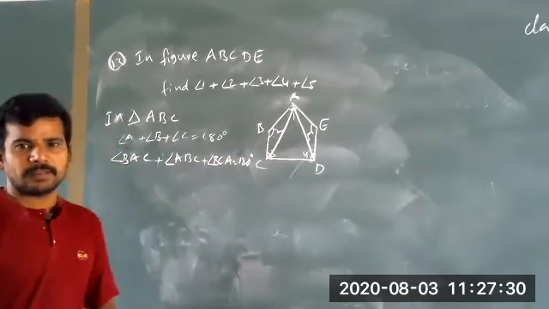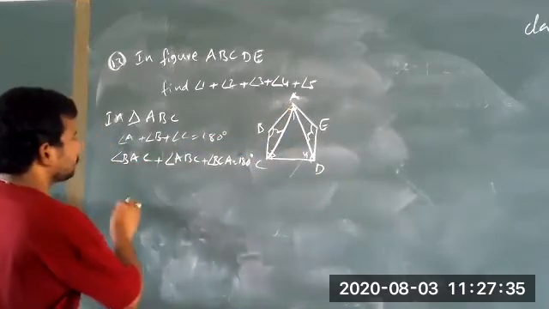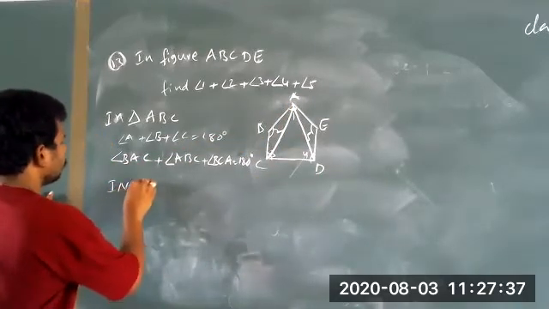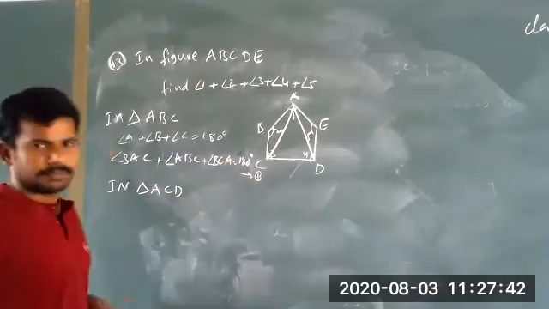How many degrees, children? 180 degrees. This is equation number 1.